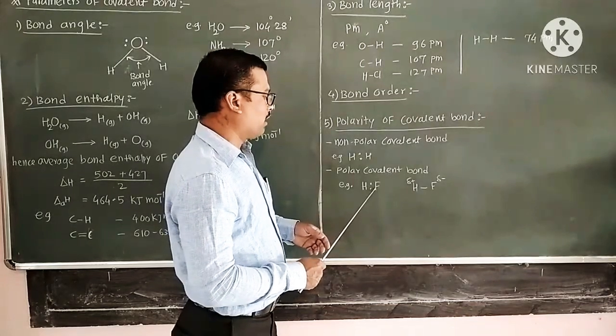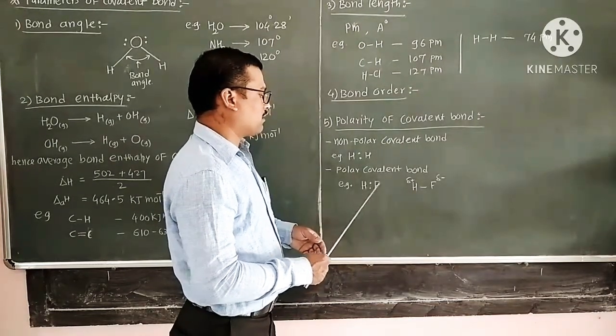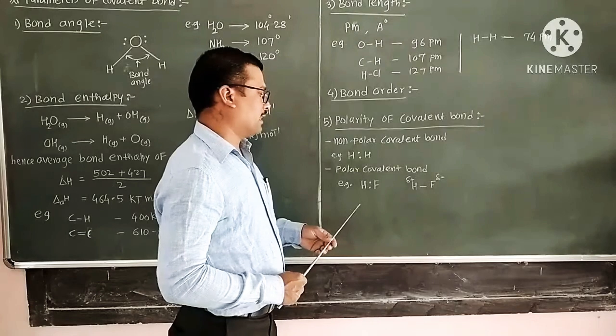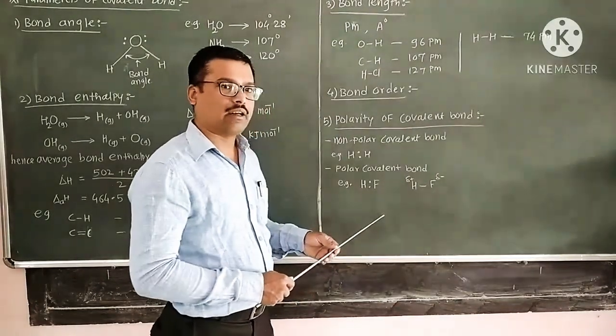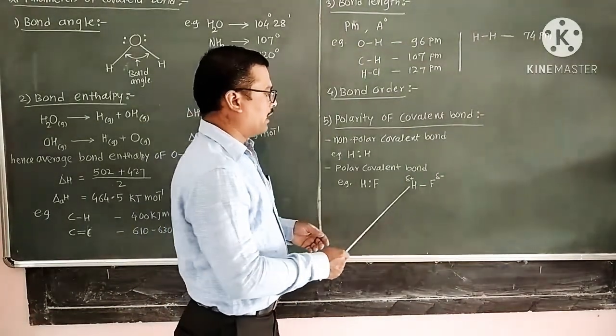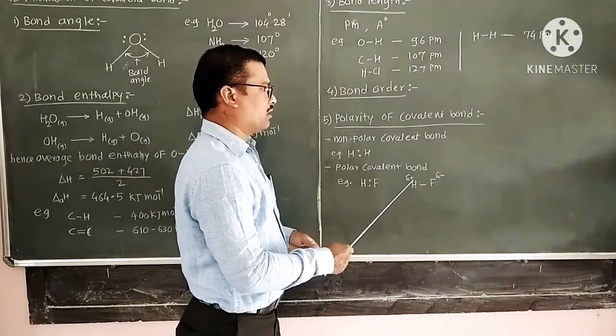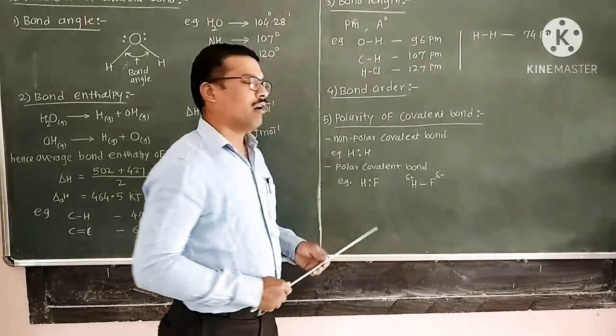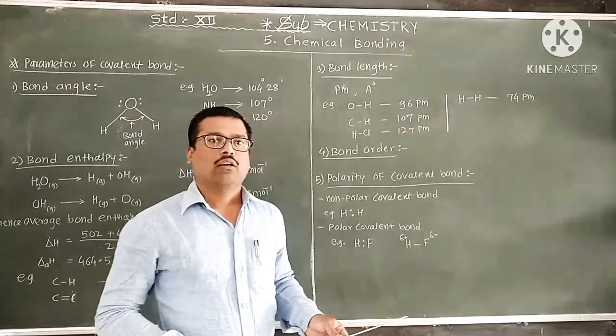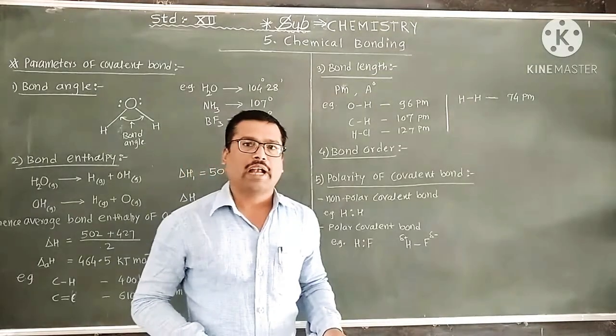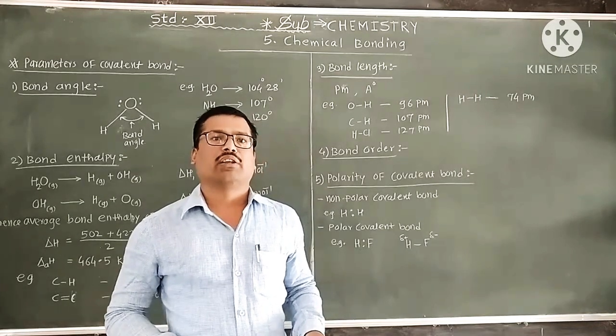Here fluorine is the more electronegative atom that attracts the electrons more towards itself. स्वतःकडे तो अट्रॅक्ट करेल आणि त्याच्यामुळे या ठिकाणी चार्ज सेपरेशन होईल. Thus hydrogen carries a delta plus charge and fluorine a delta minus charge. The more electronegative atom acquires a partial negative charge.